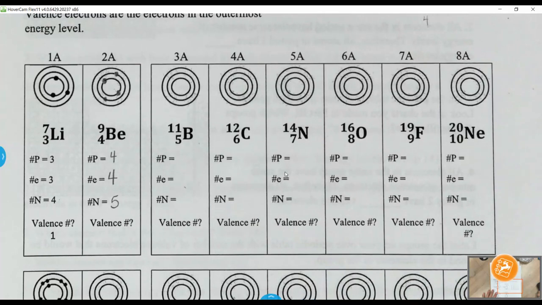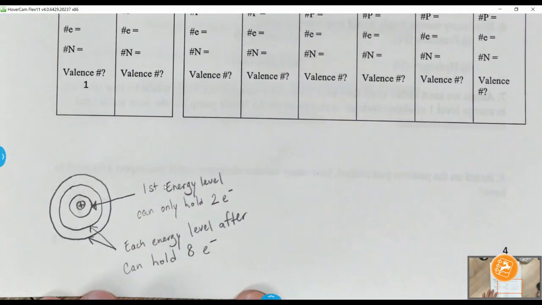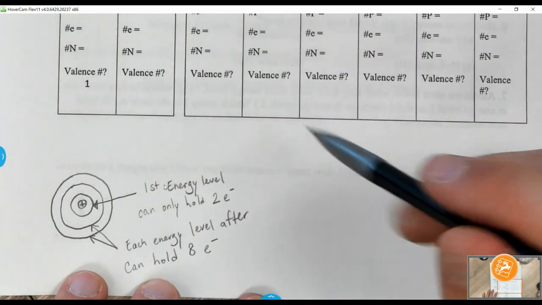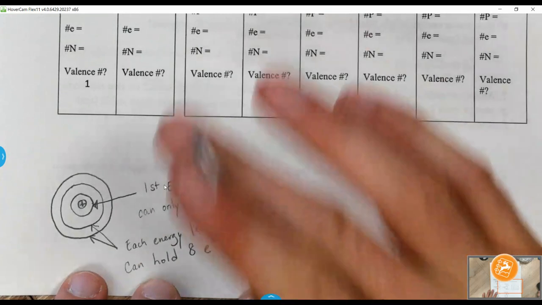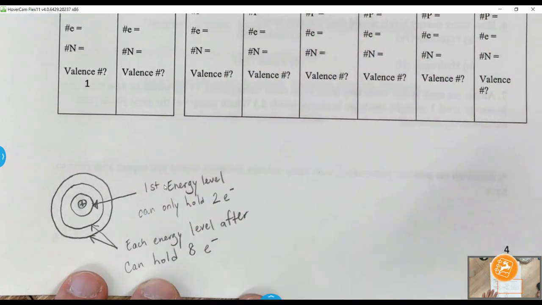Are we drawing them? Yes, you're going to draw them in as well.